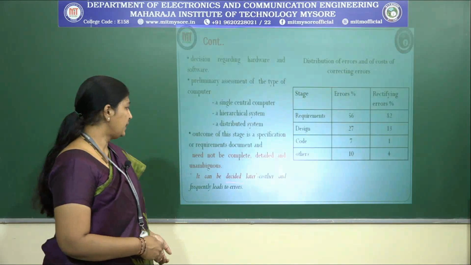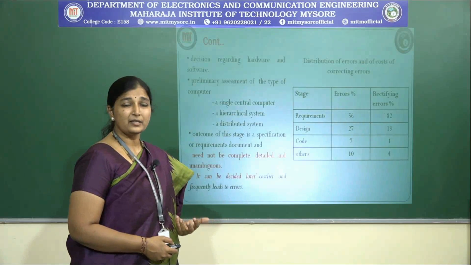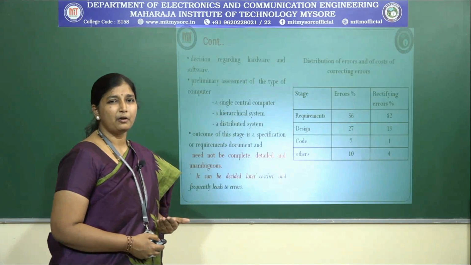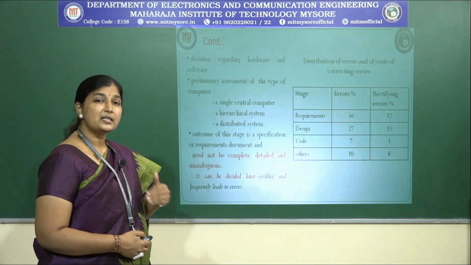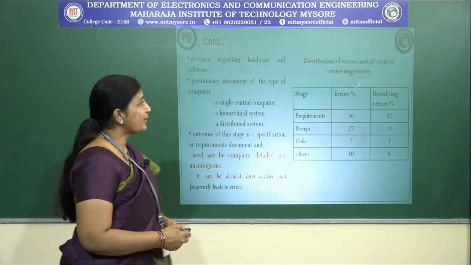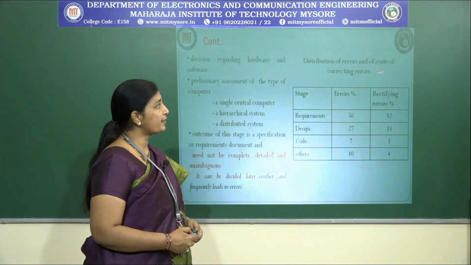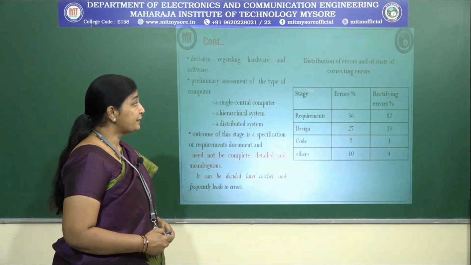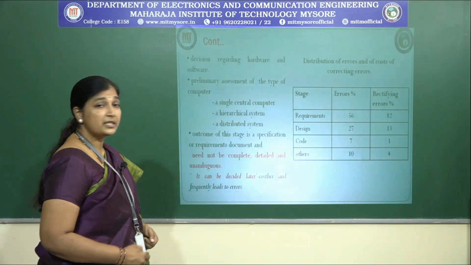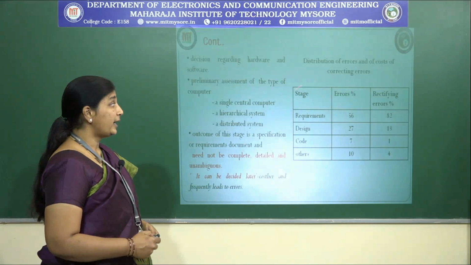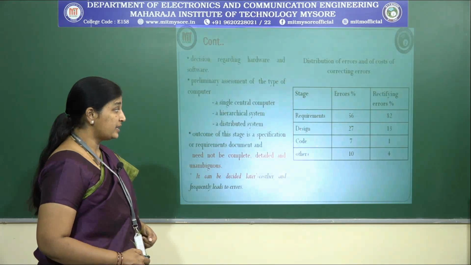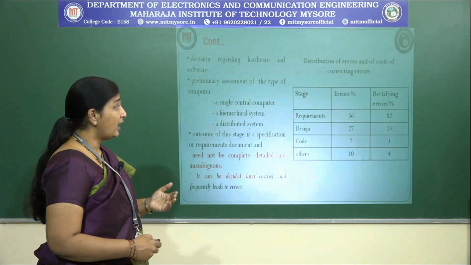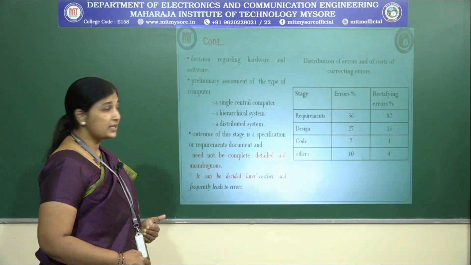Okay? So the simple example for this erroneous way of dealing with let us decide later, I can just give you an example here: the distribution of errors and the cost for correcting errors. In the first stage, you're writing down all the requirements; the requirement, design, coding and other things are to be dealt with under the initial stage.